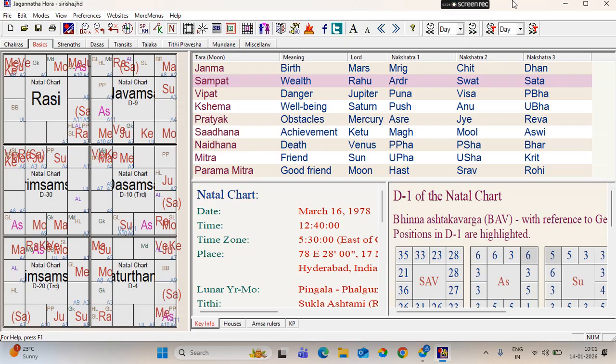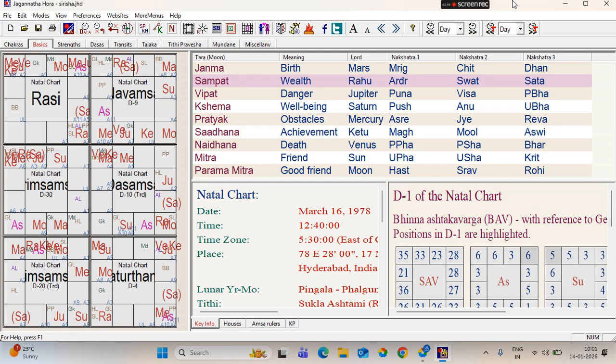Because I'm showing it from the software point of view, you can easily understand how to make a Navatara chakra. But if I want to make it manually, then the process is that you need to see in which nakshatra is your moon transiting at the time of your birth.